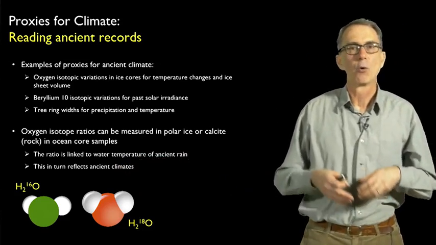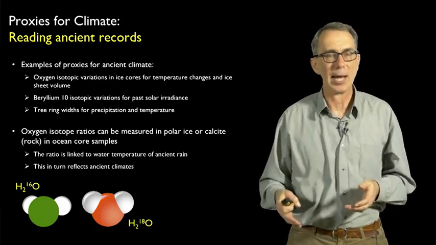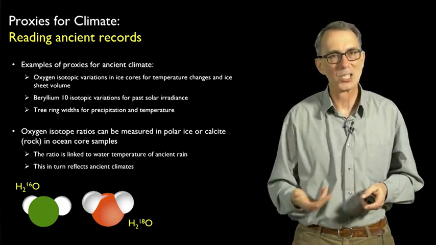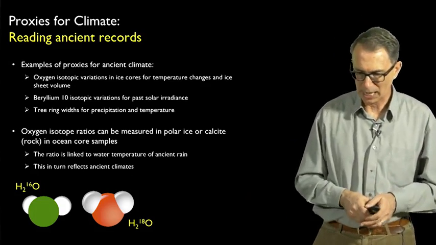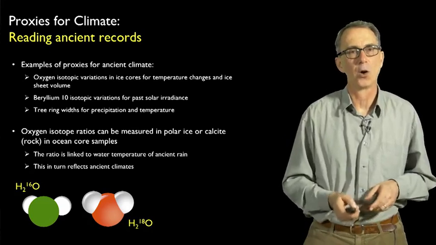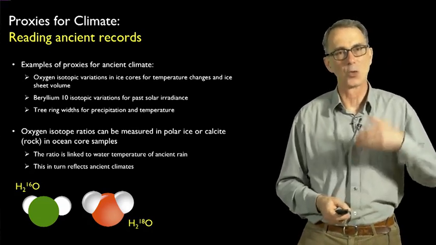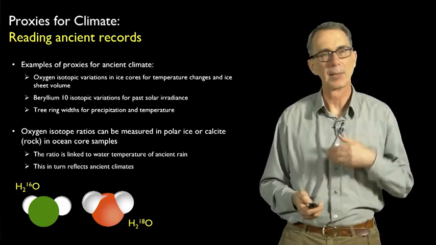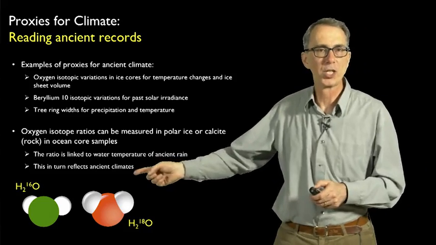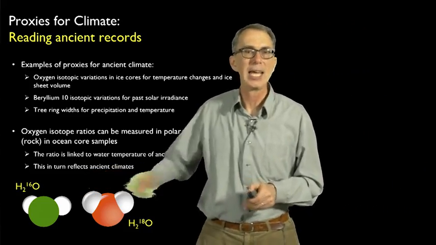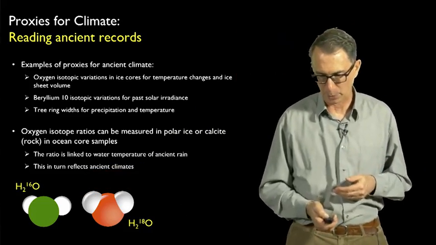And as water evaporates and then condenses, it's the oxygen 16 which is enhanced relative to the oxygen 18 as the water evaporates from water bodies. So oxygen 16, the version over here, is enhanced in evaporation.